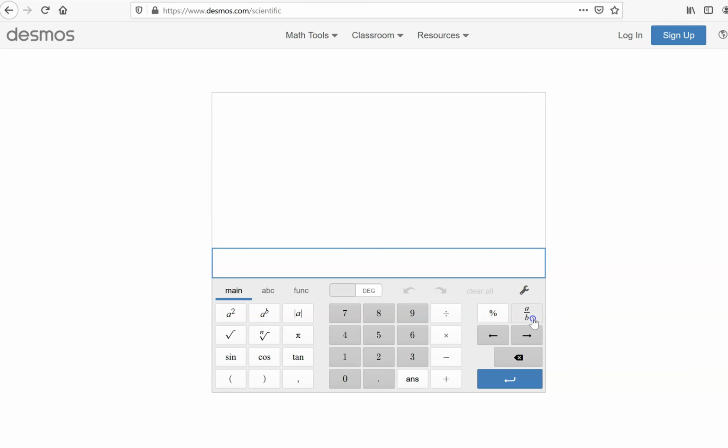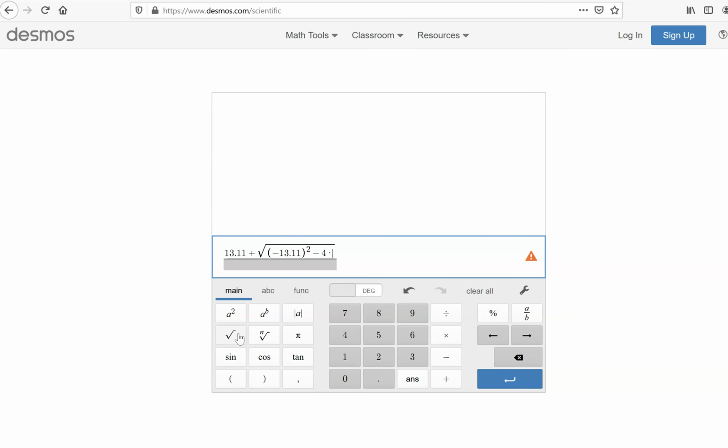So I'm going to split this up. We're going to have 13.11. And negative will make a positive. Let's go ahead with addition here. And square root of, we could use parentheses there, negative 13.11 squared. And then minus 4 times a times c, all over 2 times a.